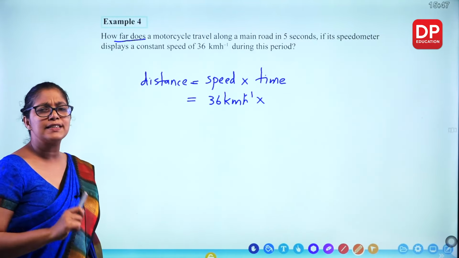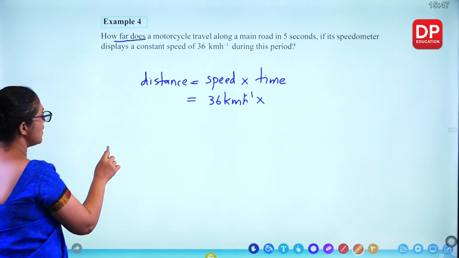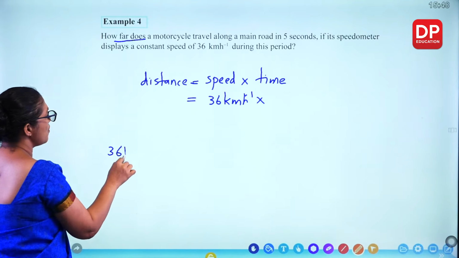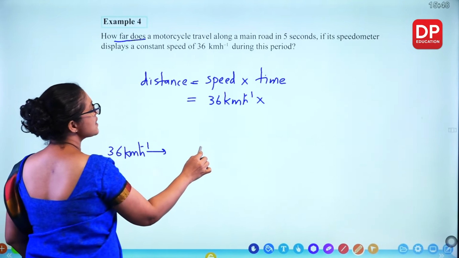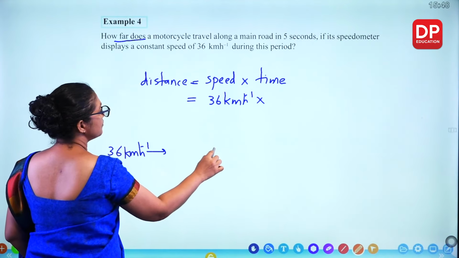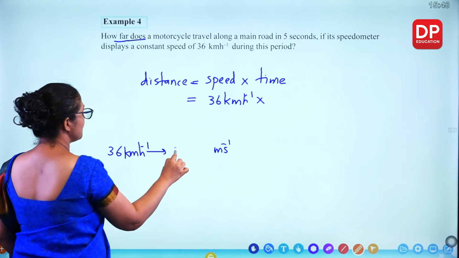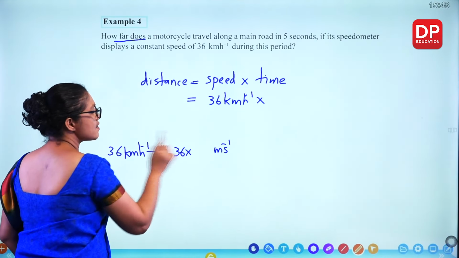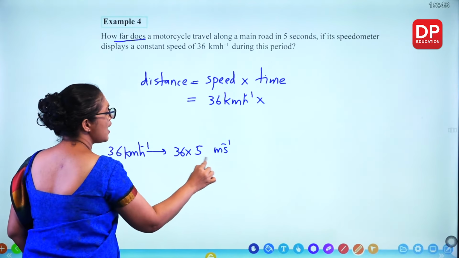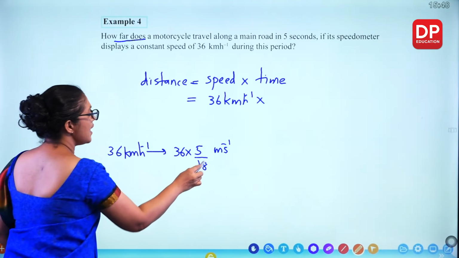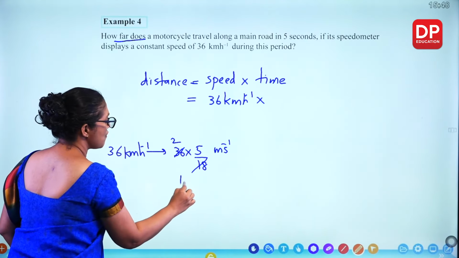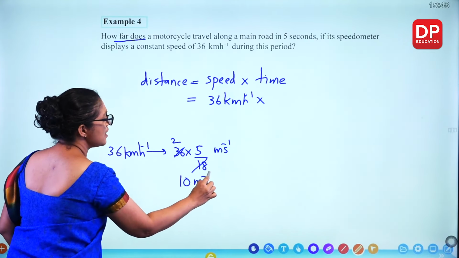So what is the first step you have to do? Convert 36 kilometers per hour to meters per second. So what do you do? Take 36. This is a smaller unit, so you divide by 18 and multiply by 5. 18 times 2, 2 times 5, 10 meters per second.